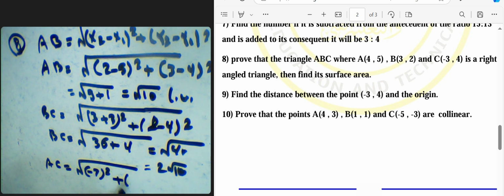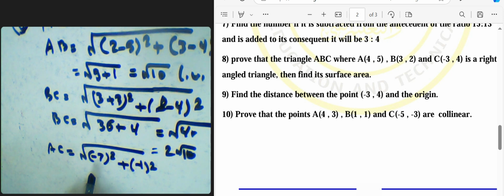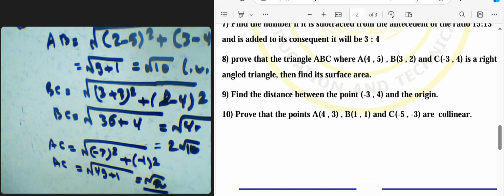Negative 1 power 2. And then you can write the result, square root of 49 plus 1, it will be root 50. So the result here will be root 50.